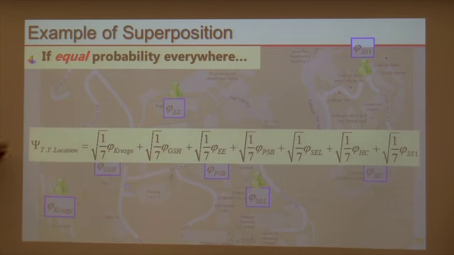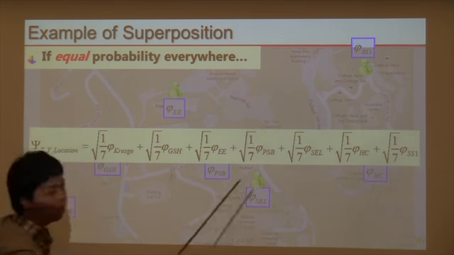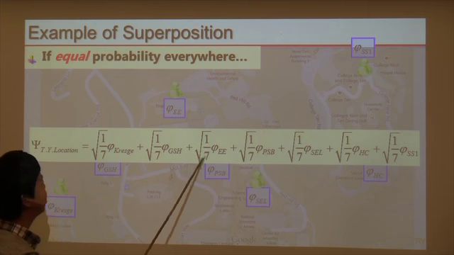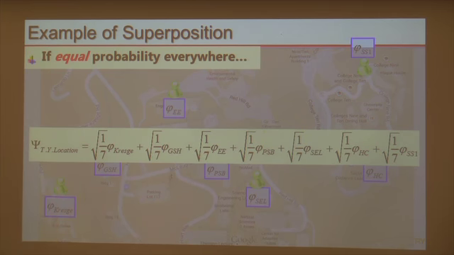If we assume equal probability everywhere, then the total wave function of my location is composed of the 7 basis wave functions, a linear combination of all of them together. So I have a 1/7 chance to find me in Crown, a 1/7 chance in graduate student housing, 1/7 in EE, and so on and so forth.